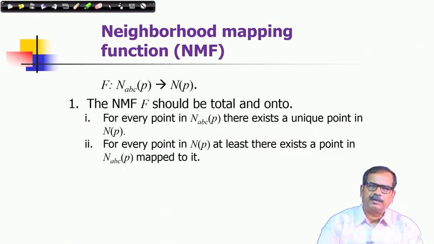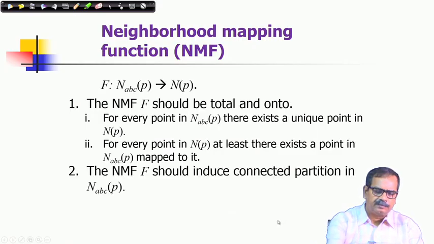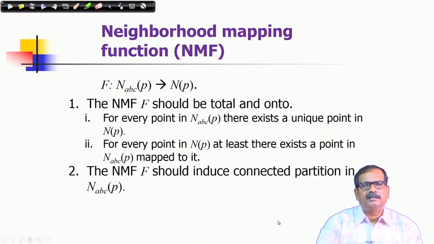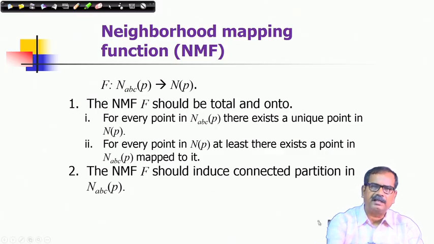So, that is the property of an onto function. And then this function should induce connected partitions in NABCP. That means, when we are making these mappings, the points of the extended neighborhood which are mapped to the same point in the 3 cross 3 cross 3 neighborhood should be connected. That is the connected partition in that case.